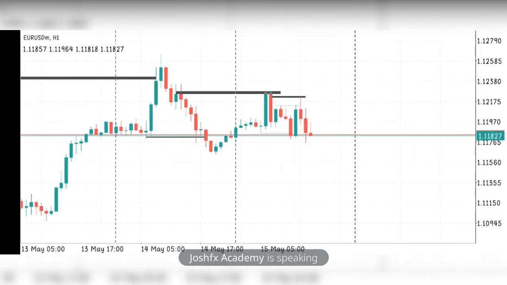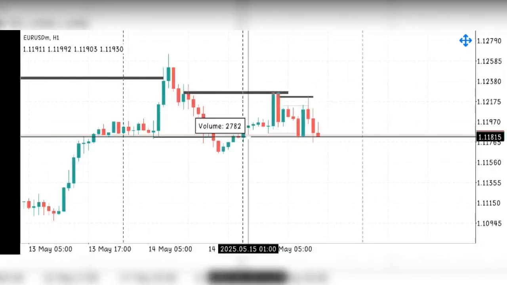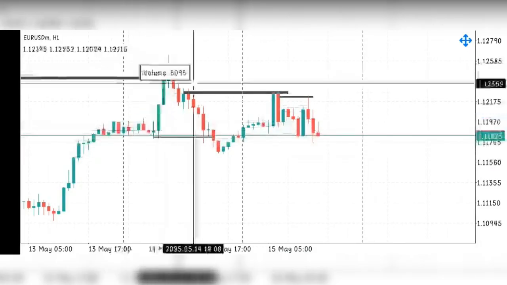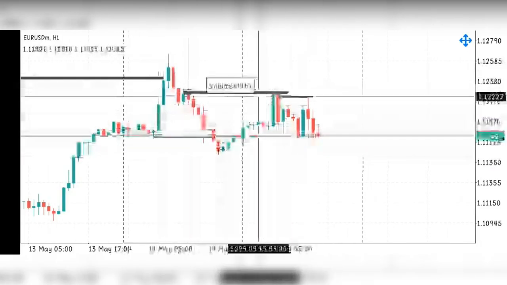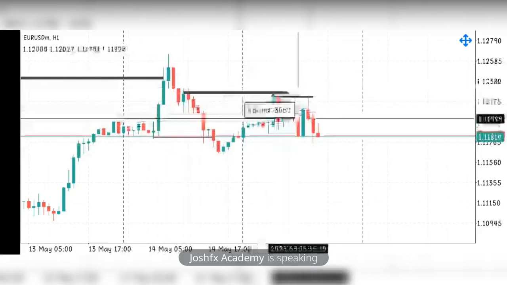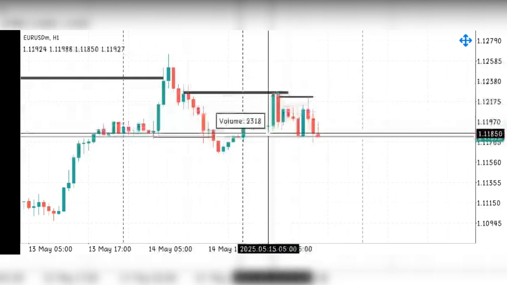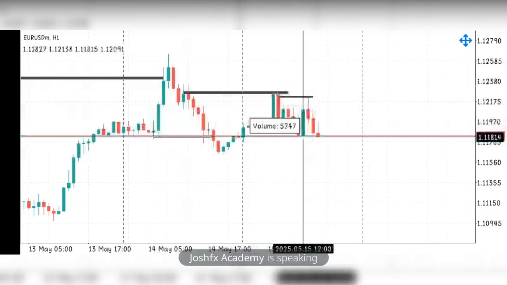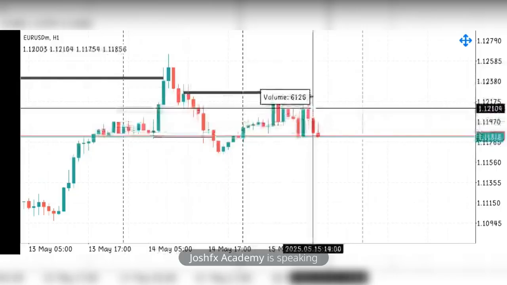And now, if you look at this 1 hour very well, we had this break of structure. The market retraced back into it. Then we had a fresh break of structure, and the market retraced back into it.